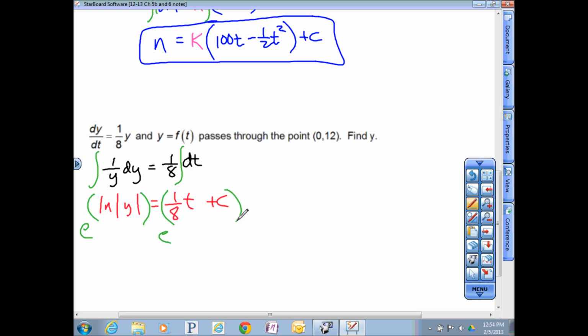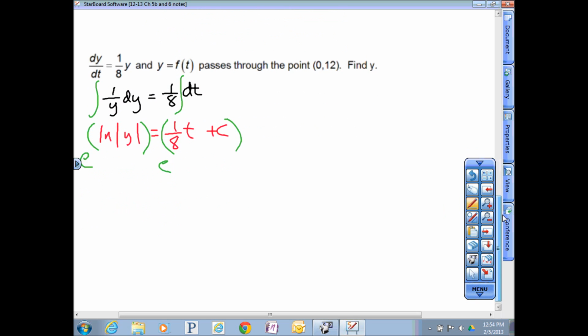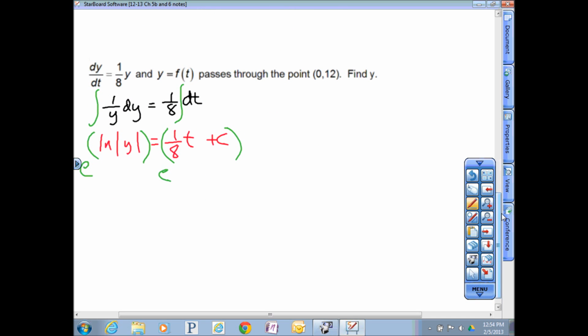Well, not sure how legal that is. You mathematical purists who are watching this, I'm sorry. But what a lot of people in my classes like to do is treat it this way, because the e and the natural log will cancel each other out, leaving us a y on this side. And on the right side, we've got e raised to the 1/8 t plus c power.